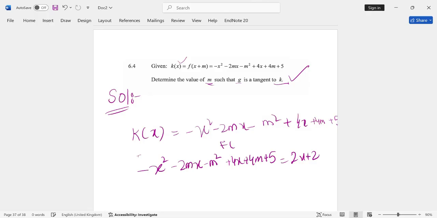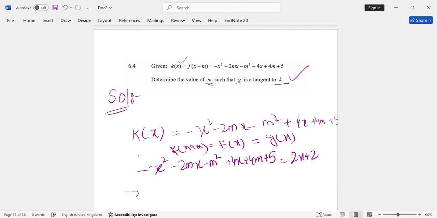We have set f of x plus m equal to g of x. I'm just writing it over there, and you have to substitute the values.